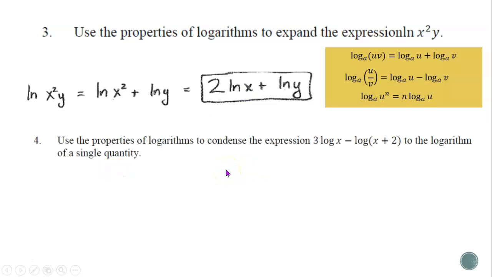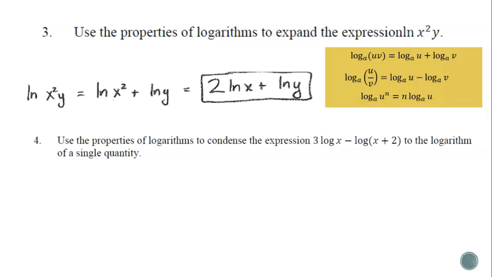Now let's use those same properties just in the other direction to condense the expression 3 times the log of x minus the log of x plus 2 to the logarithm of a single quantity. So our final answer here should just be the log of some expression.